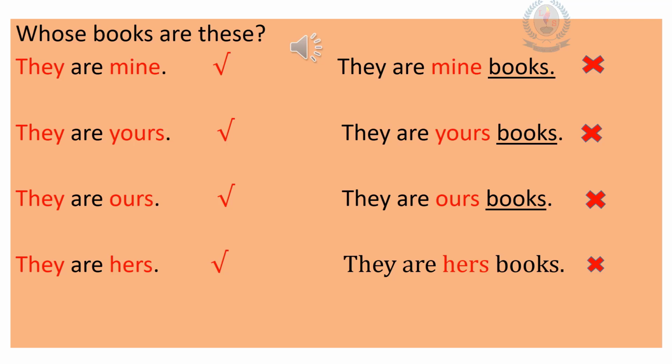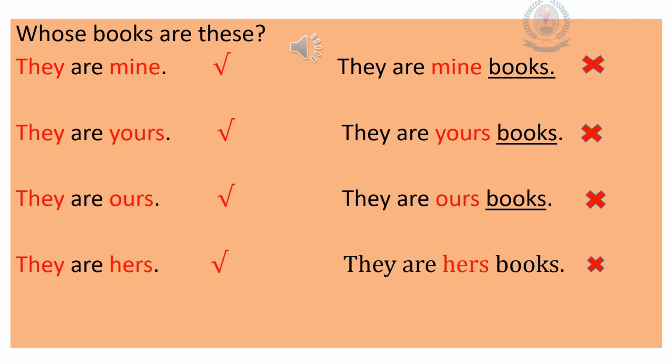They are yours books, they are ours books: it should be they are ours, they are yours. Did you understand this, children? I hope you understood this, and it's clear, and you can clarify the difference between the pronouns and the possessive pronouns.